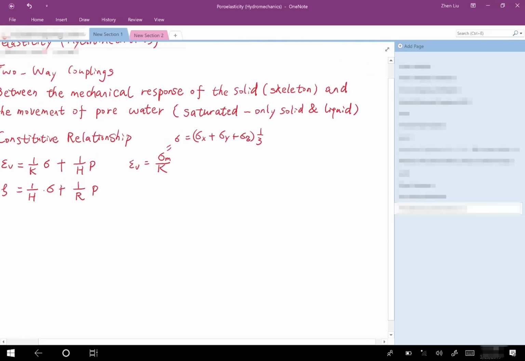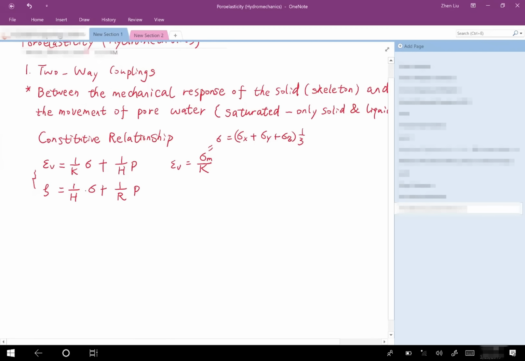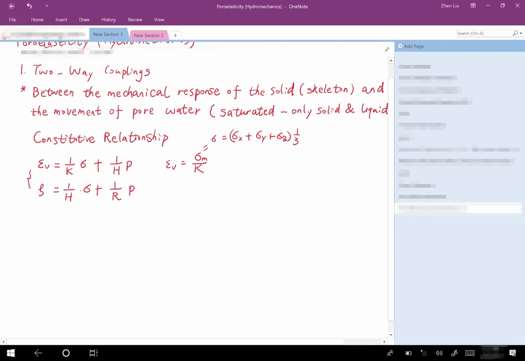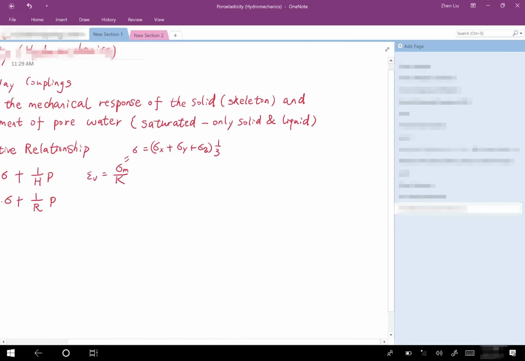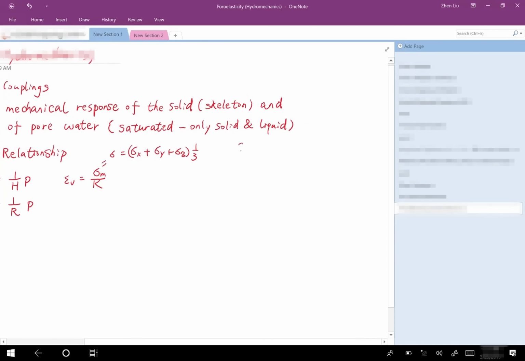But to give you a clear understanding, let me use something like this. First, all these couplings only occur in the mean terms, in the mean pressure. That means they only occur for the normal stress and normal strain. Usually, for both stress and strain, we divide them into two components.